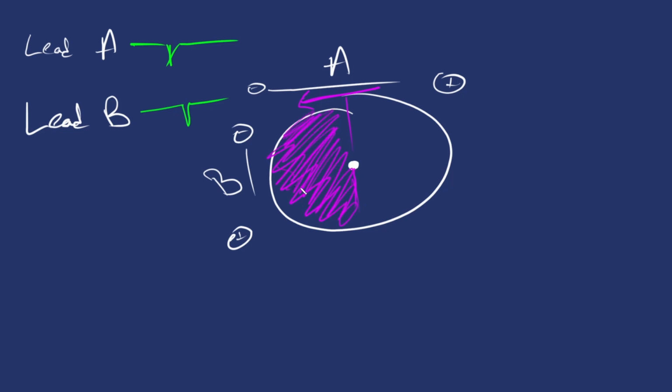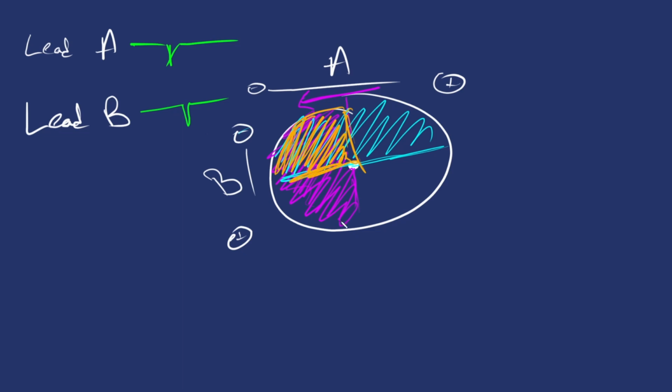Or it's going somewhere in this direction. We do the same thing for B here. We know it's going towards the negative, so in this case it's heading up. So it's in the top half here. And where these cross over winds up being this quadrant. So that means that this signal, in this case, is heading somewhere up in this direction.